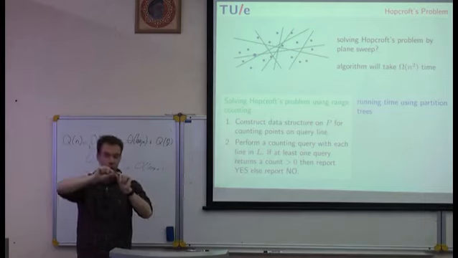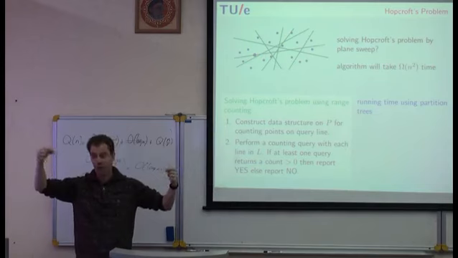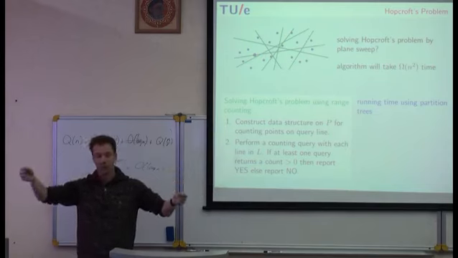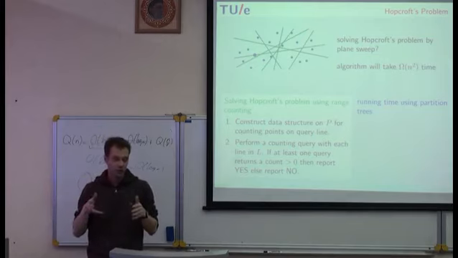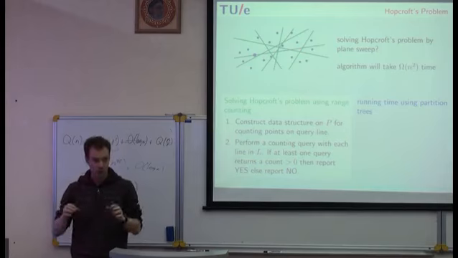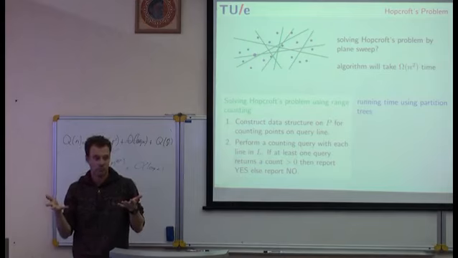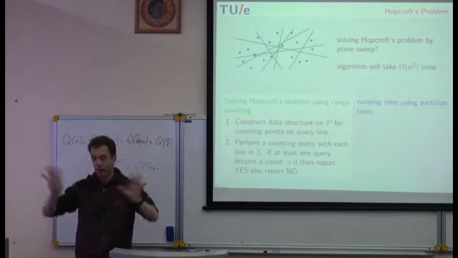So you can view the line as a very thin triangle, and you can also count how many points are on the line. Actually, if you think about it, you don't have to think about a line as a thin triangle. If you think about how the partition tree works, we had this simplicial partition.